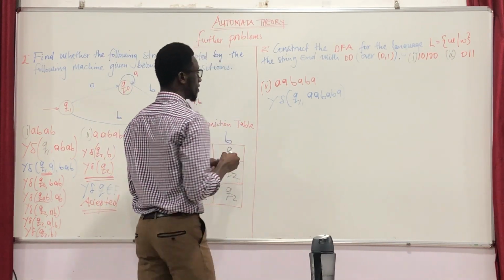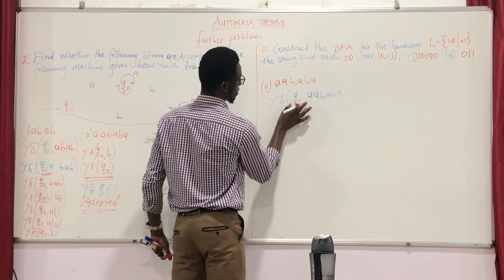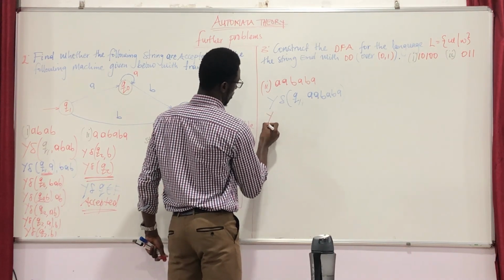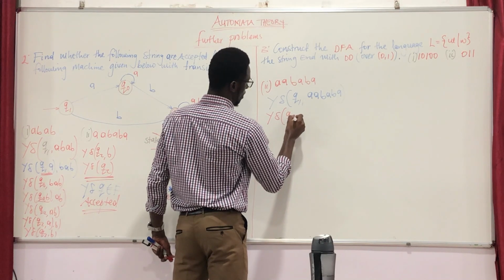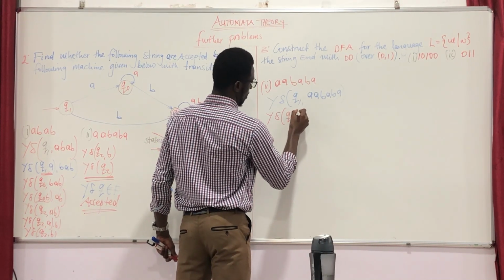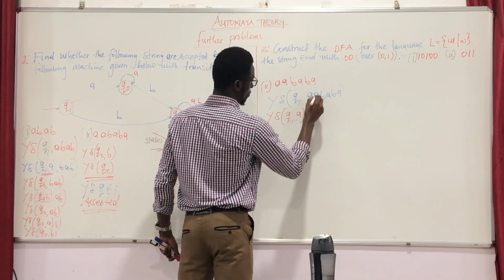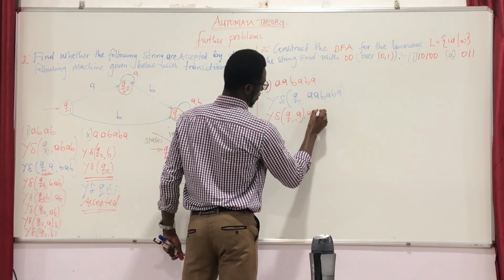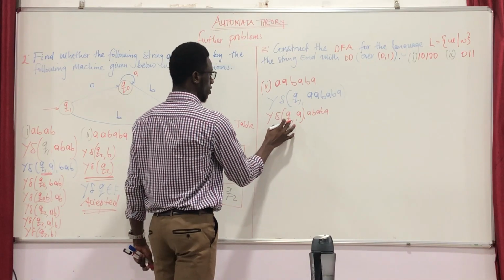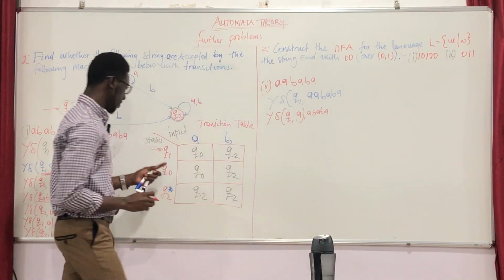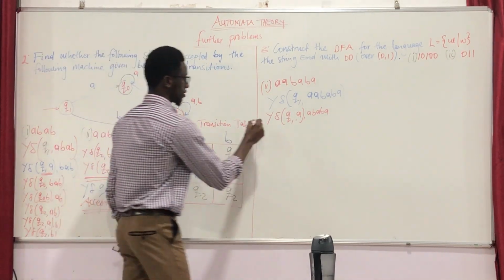So let's see. We take the first one, then we say our transition from Q1A, then we say A, B, A. From this table, Q1A is Q0.